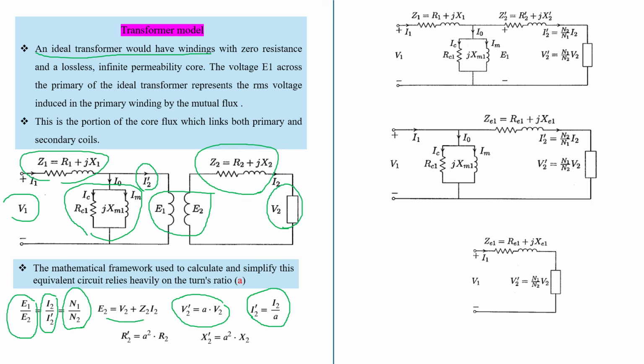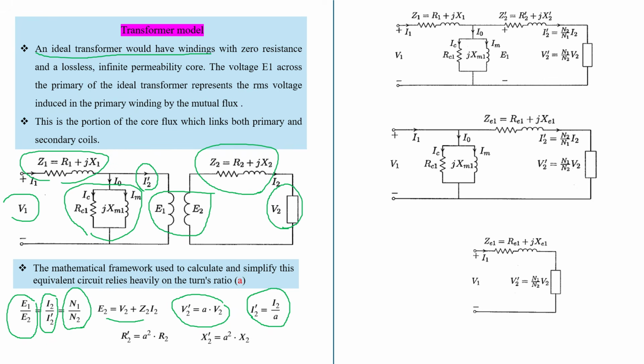So to refer the impedance from the secondary to the primary, we multiply it by the square of the turn ratio. To refer a voltage, we multiply with the turn ratio. To refer a current, we divide by the turn ratio, whereas to refer the impedance, we multiply by the square of the turn ratio, where A is the ratio of N1 to N2.